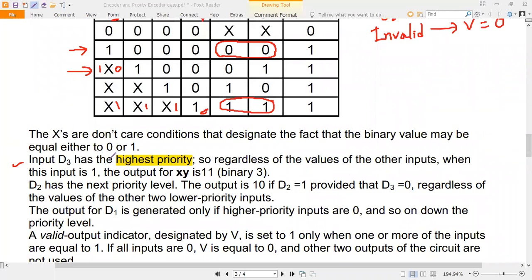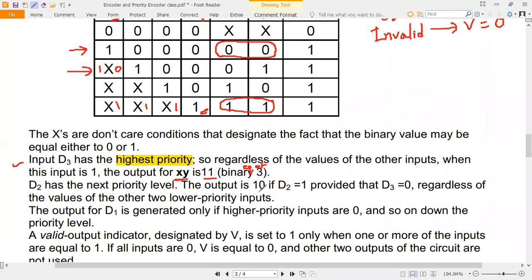So here the input D3 has the highest priority. Regardless of the values of the other inputs, when this input is 1, the output XY is 1, 1, which is the binary equivalent of 3. Next, D2 has the next priority level.